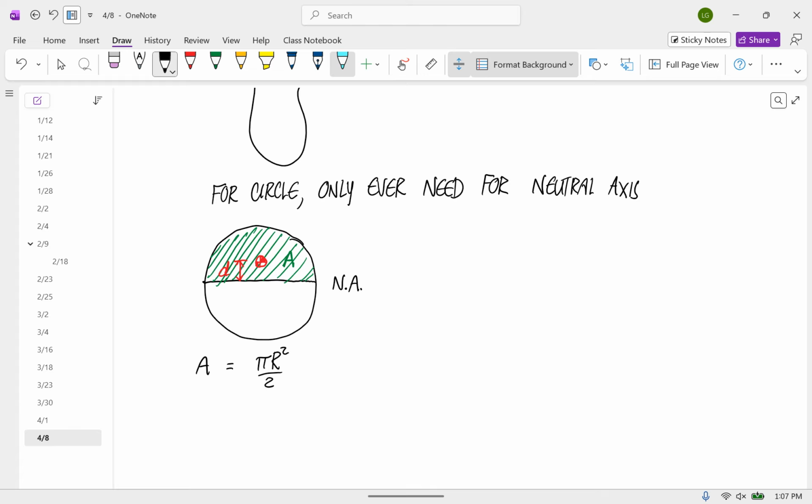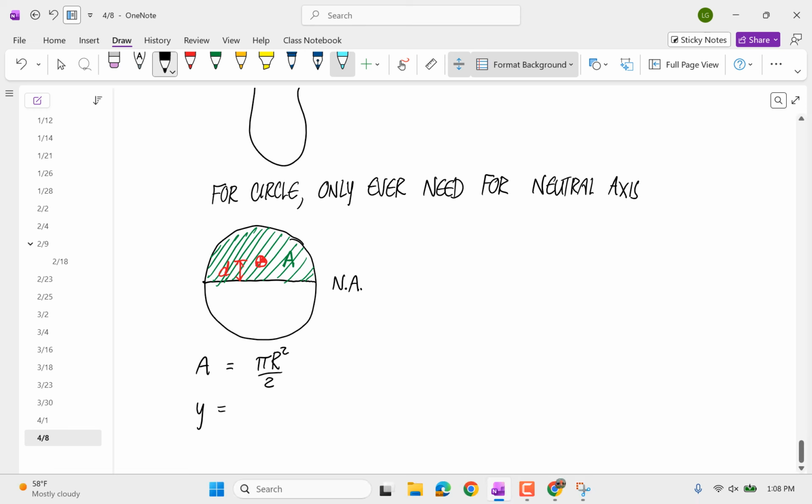What was the formula for the centroid of a quarter circle and a semicircle from last semester? Let's see, for centroid, I've got it here somewhere. Yay, found it.